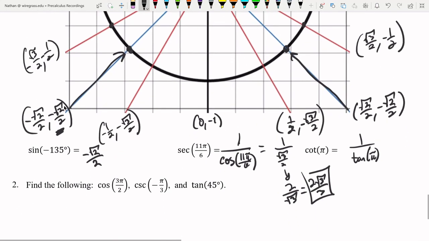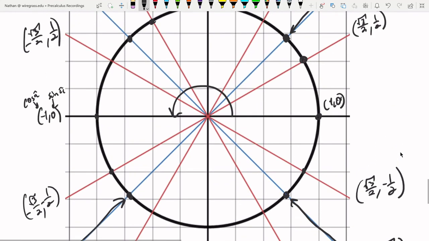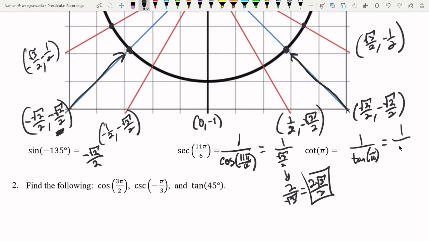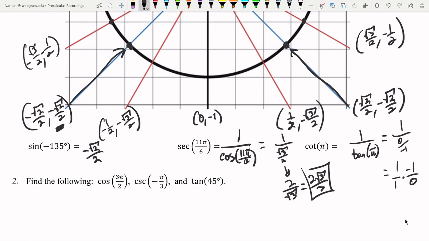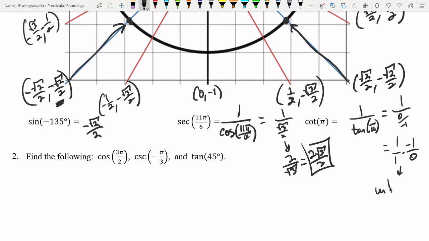And tangent is y over x. Y is 0, x is negative 1. Multiply by the reciprocal, we get 1 over negative 1 times 0. But that has 0 in the denominator, which means this is undefined. You can't find that answer because you have 0 in the denominator.